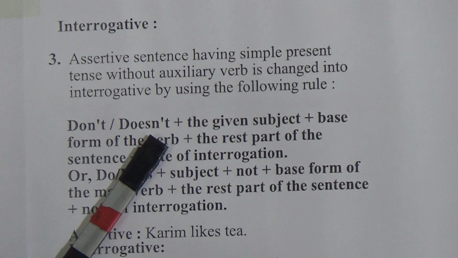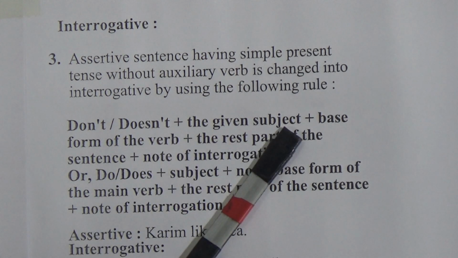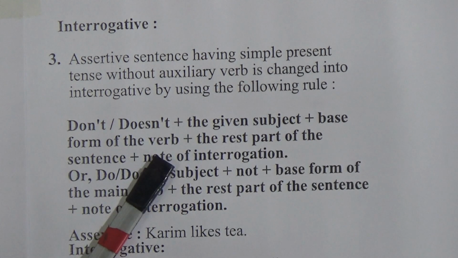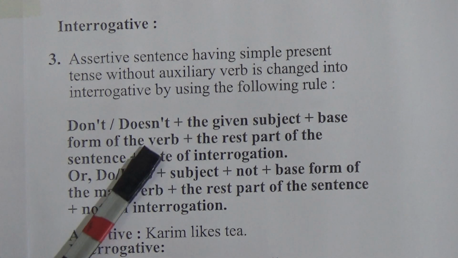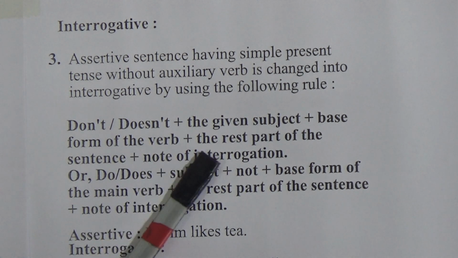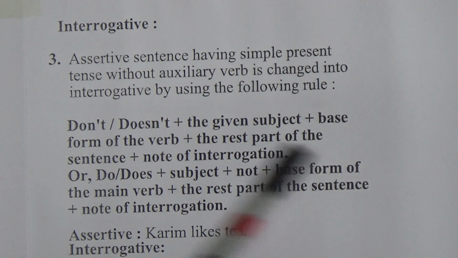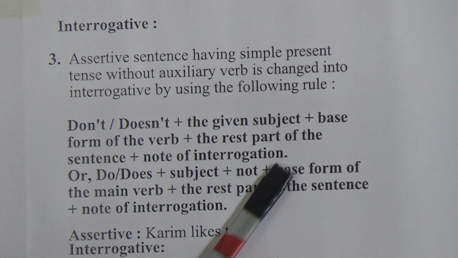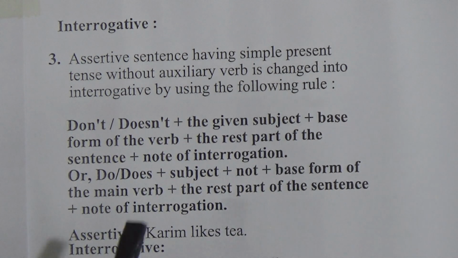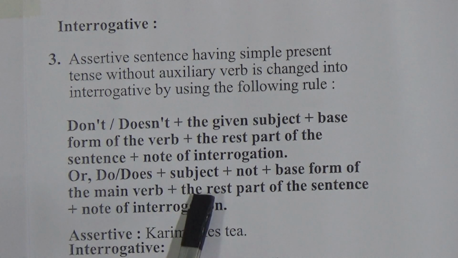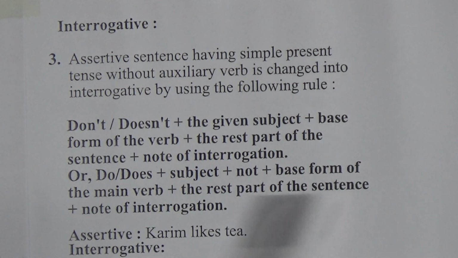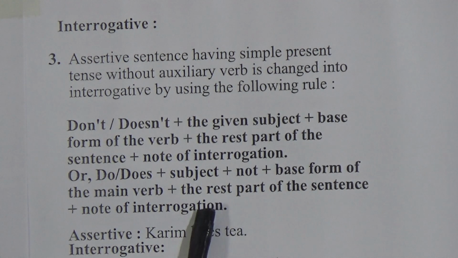Don't or doesn't, then the given subject plus the base form of the verb, and you all know that after do or does we will use the base form of the verb, then the rest of the sentence plus note of interrogation. Or you can also write like this: do or does plus subject plus not, then the base form of the main verb, and then you will add the rest of the sentence and note of interrogation.